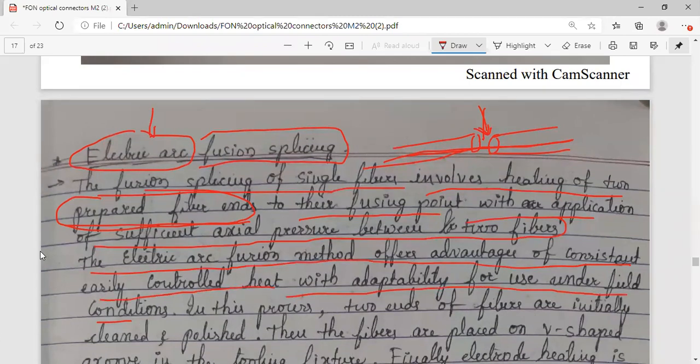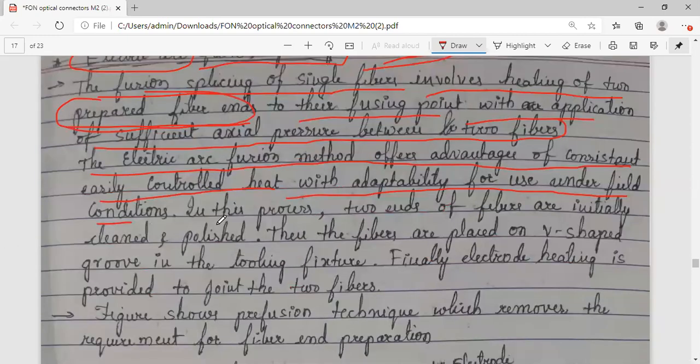Under field conditions means you can do this splicing using the electric arc during cabling, at the site itself. That is the advantage of electric arc fusion splicing. You don't need to go to a factory to set this up. So this is the main advantage.